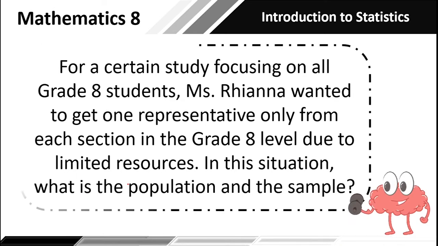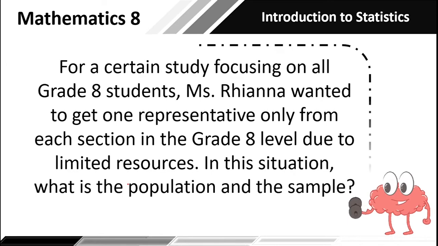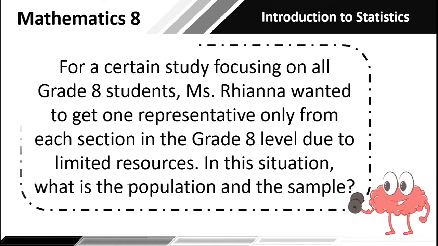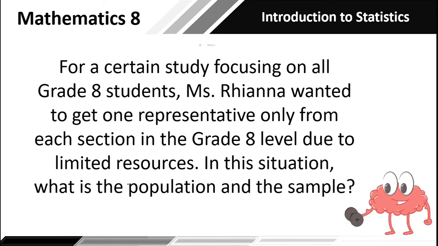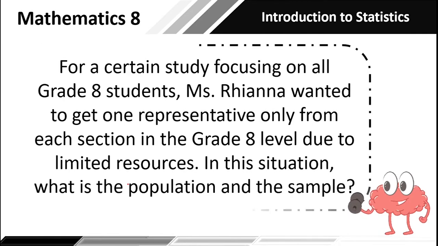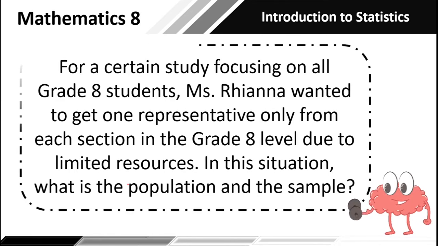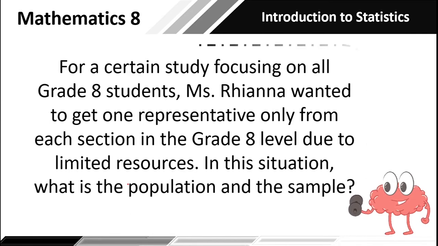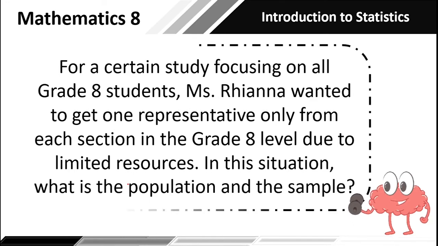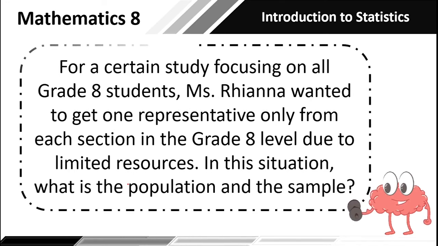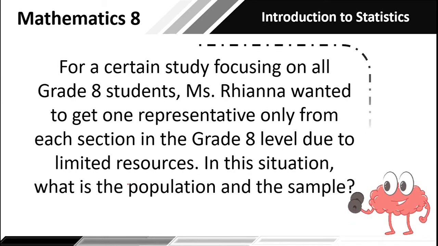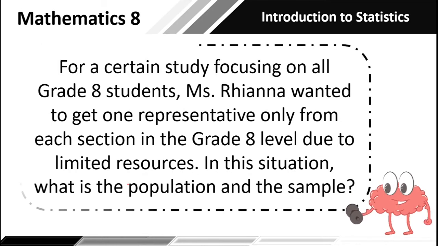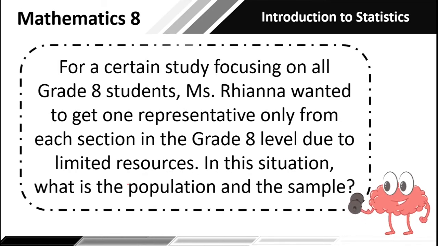How about in this given problem? For a certain study focusing on all grade 8 students, Miss Rihanna wanted to get one representative only from each section in grade 8 level due to limited resources. In this situation, what is the population and the sample? I'll give you 10 seconds, pause the video, and I will reveal the answer onwards.